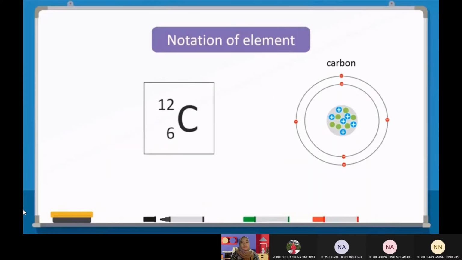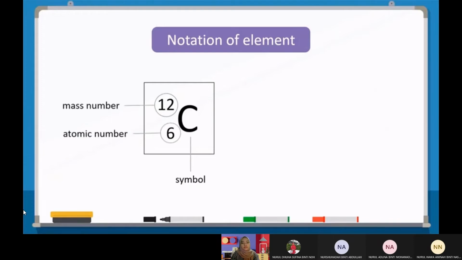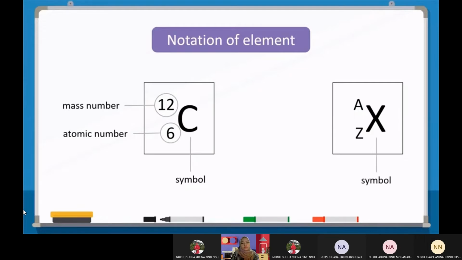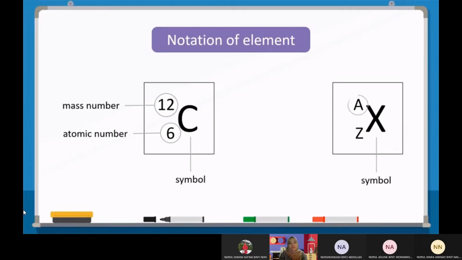This is the notation of element carbon with its symbol, atomic number, and mass number. C is the symbol of carbon. 12 is the mass number and 6 is the atomic number. The general notation is a capital X, where X is any element. A is at the top left, where A is the mass number. Z is at the bottom left, where Z is the atomic number.